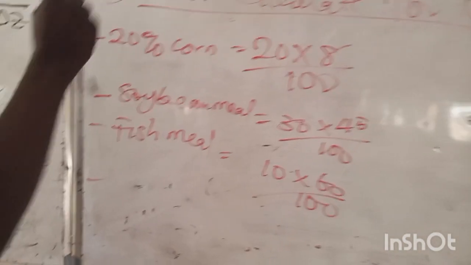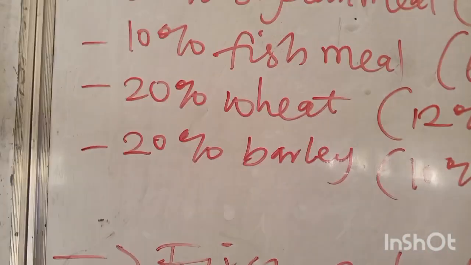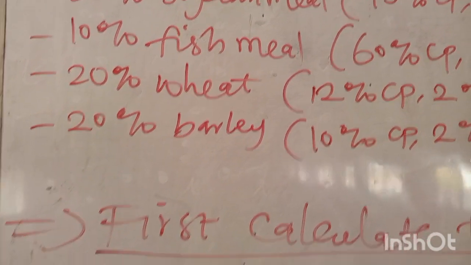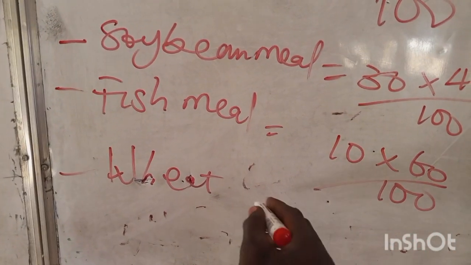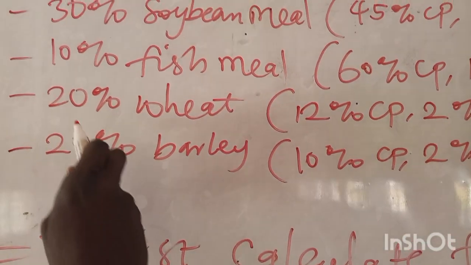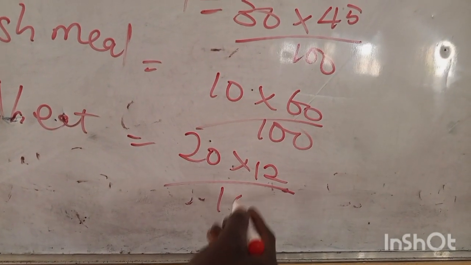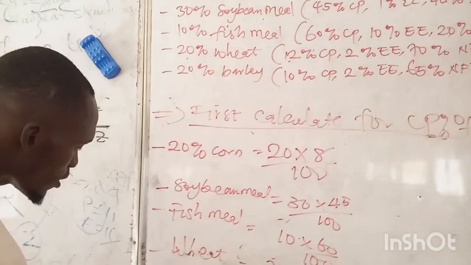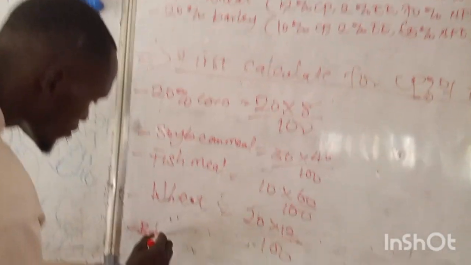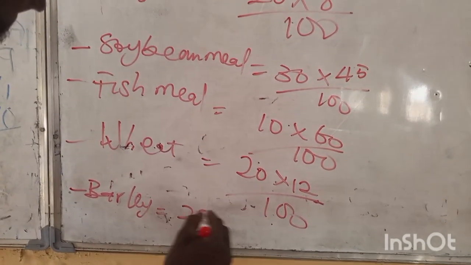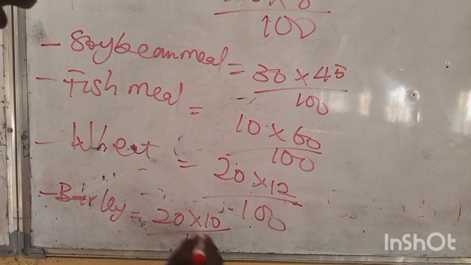Come down to wheat, we have 20 times 12 divided by 100. In the same mode, we go for barley. Barley here we have 20 times 10 divided by 100.